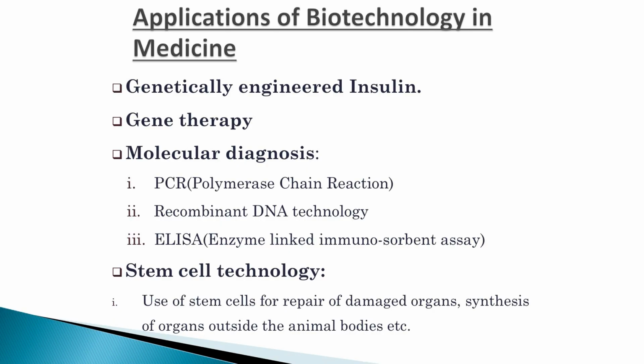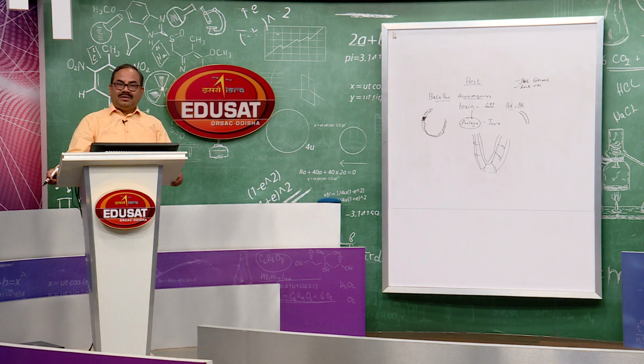Then there is stem cell technology. We know that there are cells within the animals which are responsible for development of a special cell line, ultimately developing to organs. Scientists have come to a position to develop special tissues from these stem cells.